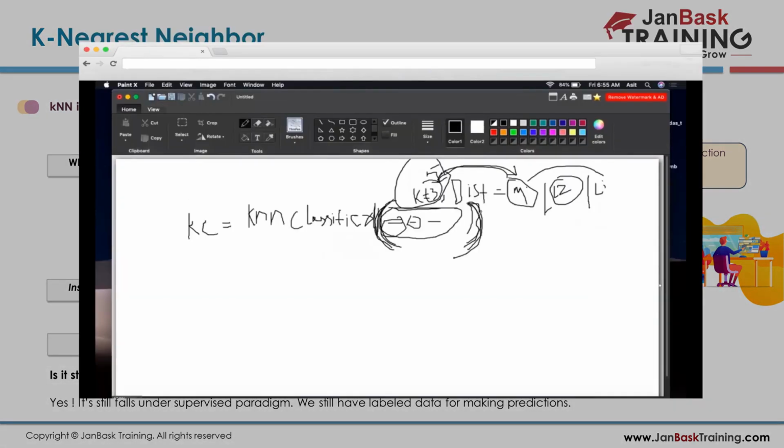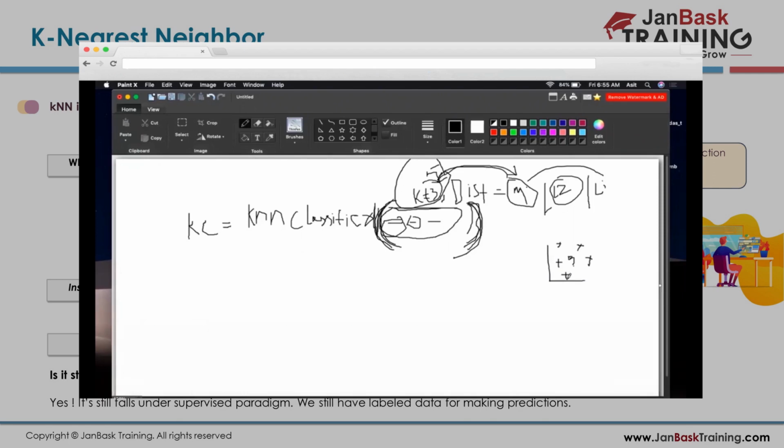Like when you call the KNN classifier's fit, then all the distances are found. Suppose you want to find the distances for this point, and the other points are like this. These are the crosses, and another kind of data point is called plus.